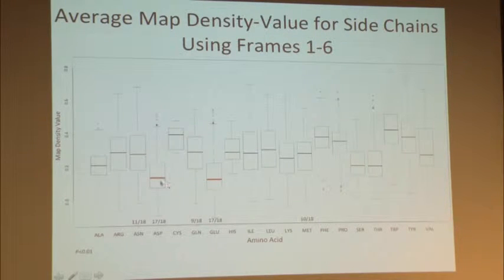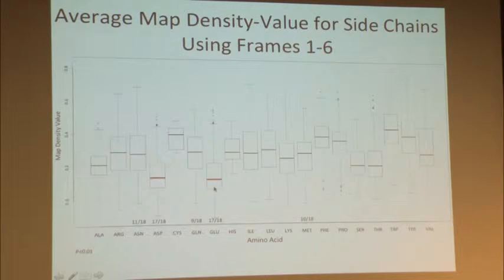Since we can take a lot of frames, we use only the first 6 frames to get the map, then build the model and look at the side chain density. And we find, yes, that's true. The aspartic and glutamic acid have the lower density value.